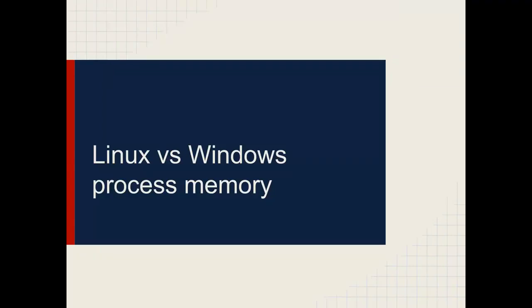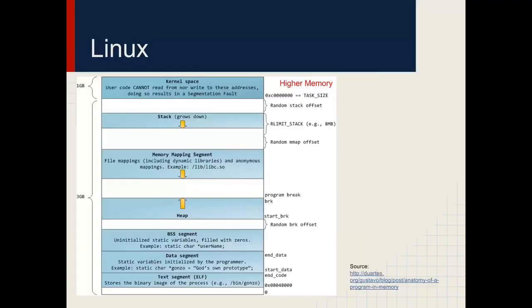So to recap, Linux and Windows process space. In Linux, the higher memory here is at the top, and the stack grows towards lower memory, and the heap grows towards higher memory. This is where the dynamic libraries are loaded in. You have the BSS segment, the data segment, and the text segment.